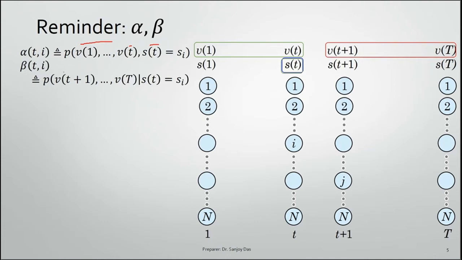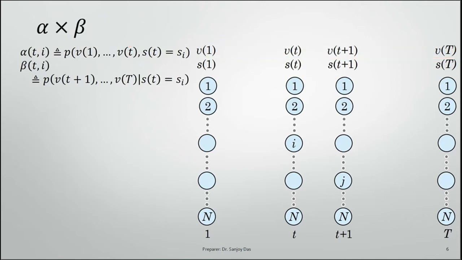Beta t i is the probability of the future output sequence being generated given the current state is Si. So notice the difference. One is a joint probability and the other one is a conditional probability.